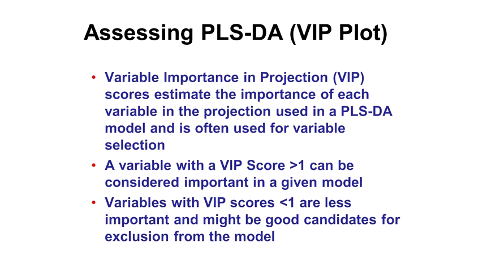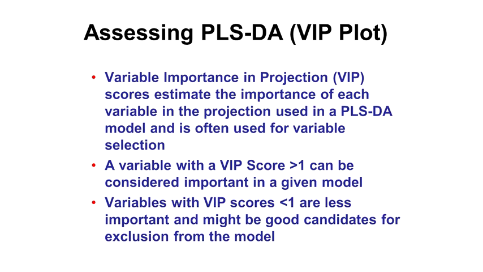You can also assess PLSDA through something called a VIP plot, just like a very, very important person, but it's called a variable importance in projection plot. These estimate the importance of each variable in the projection used in that PLSDA model. So it's equivalent to a scores plot, but in a little simpler way.